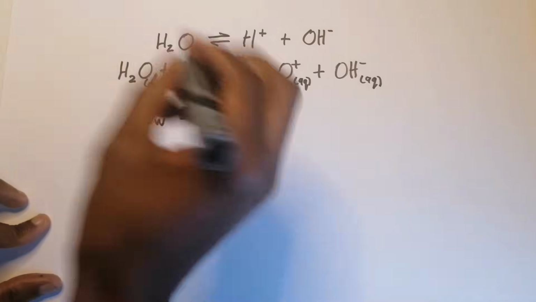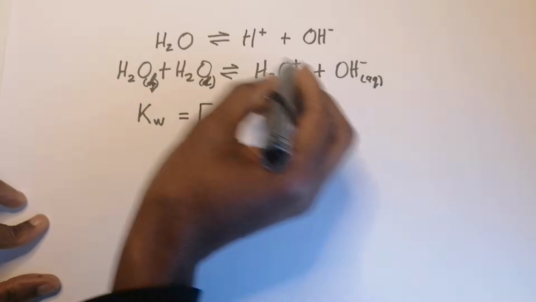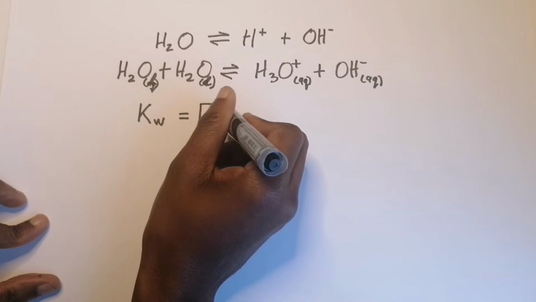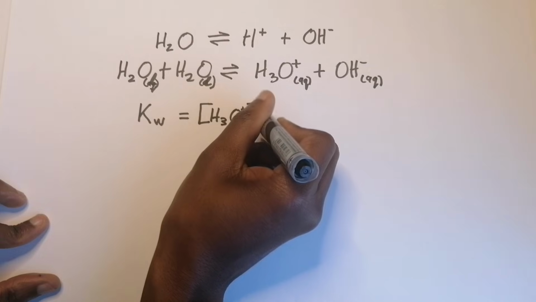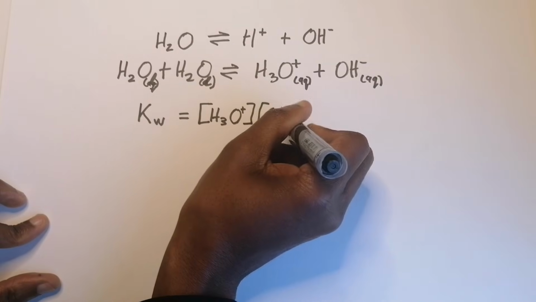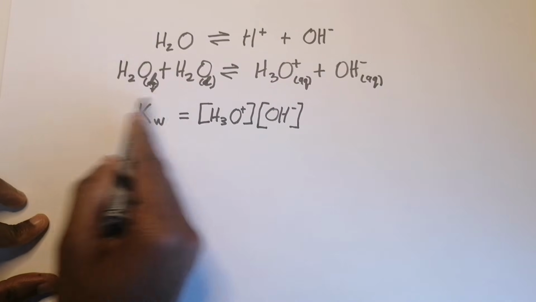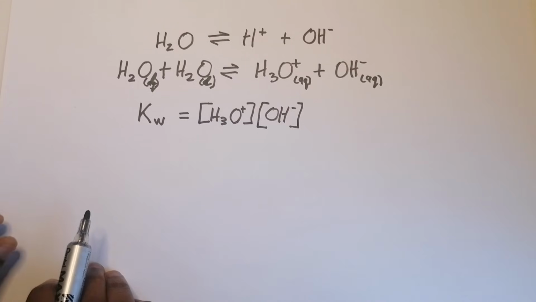So what does that mean? It means that when I take the equilibrium constant of the ionization of water, it would therefore be [H3O+] multiplied by [OH-]. Because the water molecules are in liquid form, you are not going to include them.